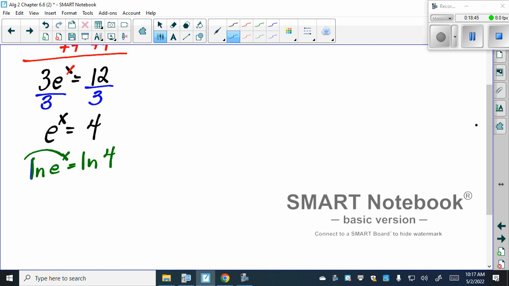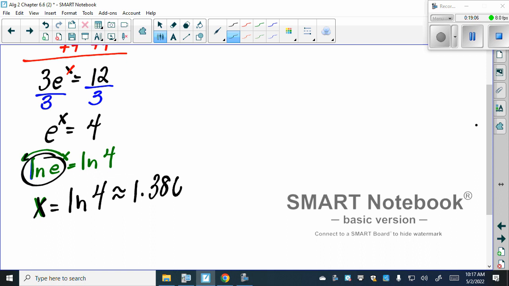Well, the exponent is going to move out front. Right, ln of e is 1, so x by itself equals ln of 4. And that's it. Questions on any of this here?